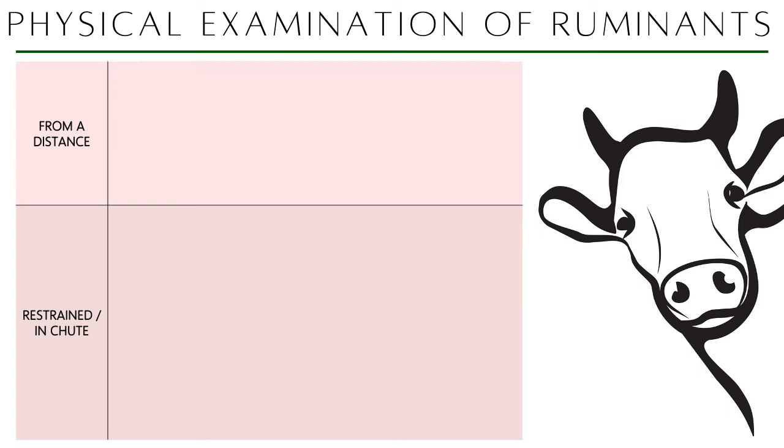Heifers would be in pens of 5 to 8, depending on the farm. Bulls would always be separate. So your from-a-distance examination with ruminants usually leads to in-chute examination already. You don't really examine them while they're in a herd or in a flock, unless you are examining beef cattle, wherein they're always together, right?